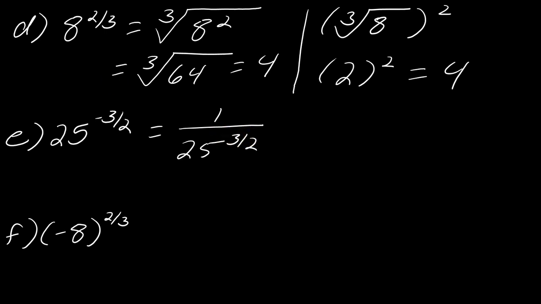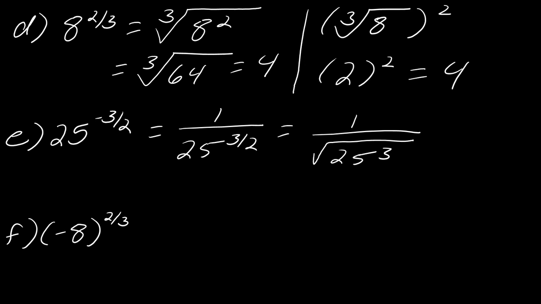I'm going to give you a second to think about it on your own, and then hit play when you're ready. Okay, so this is actually a really classic case of why we want to evaluate this in the right direction. If I were just going to go like this, 25 to the third, what is that?